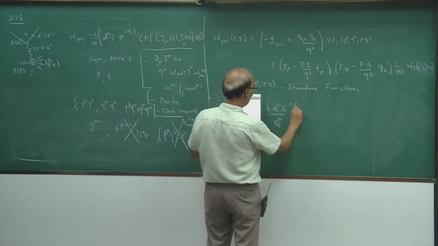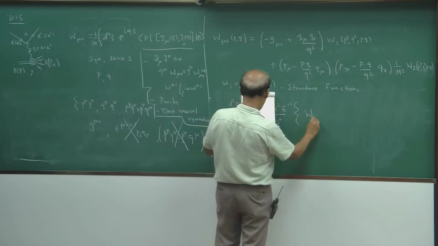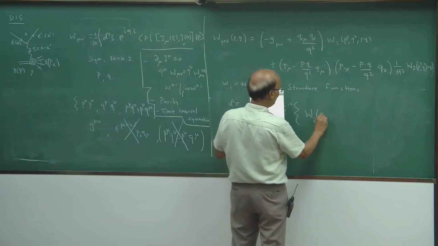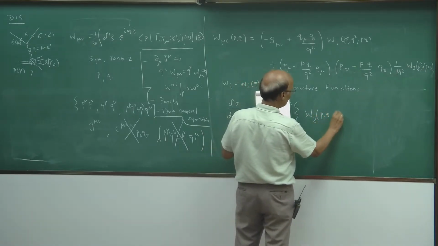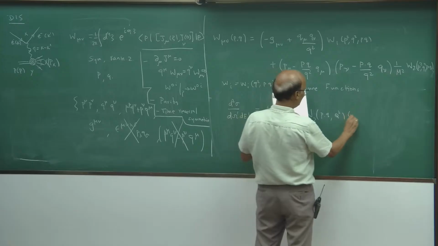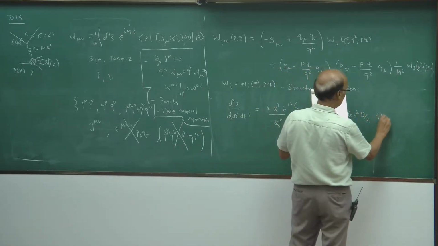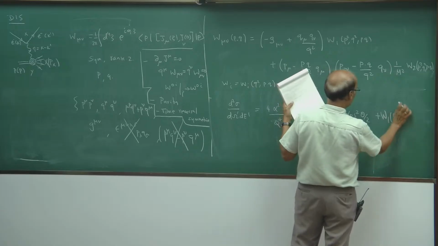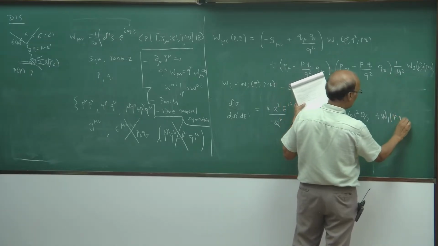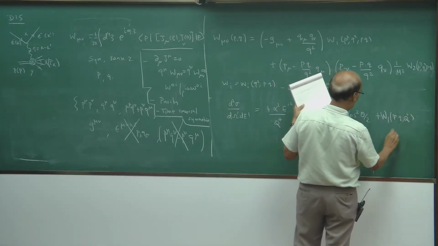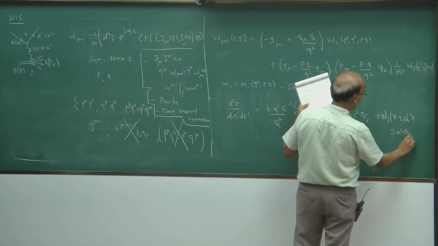Q power 4. P dot Q. Let me just use some standard notations. Plus W1, P dot Q, Q square, sine square theta by 2.